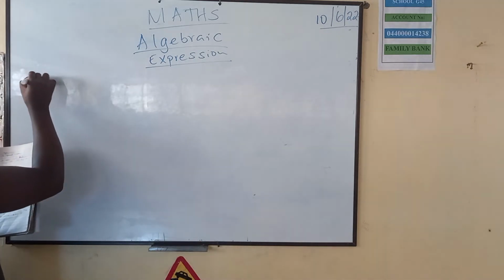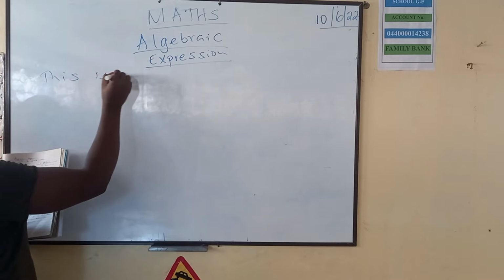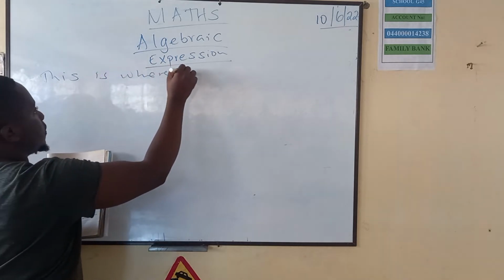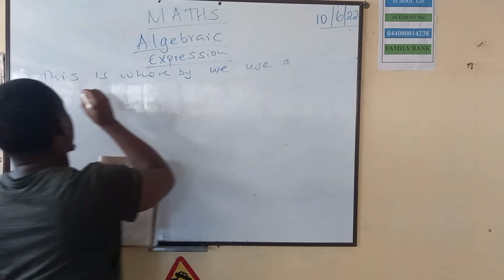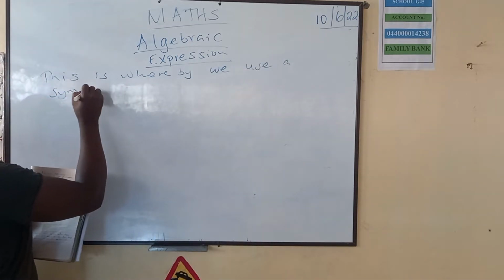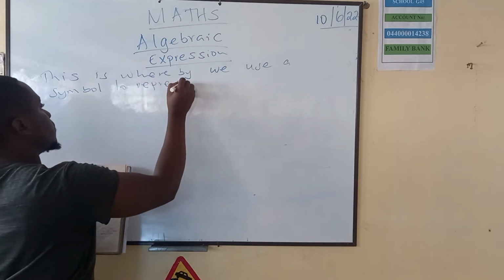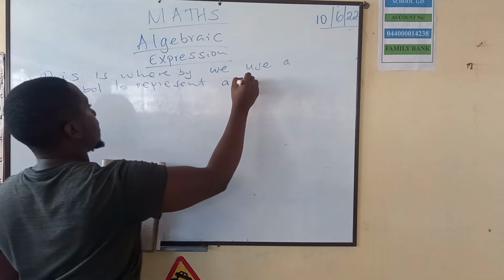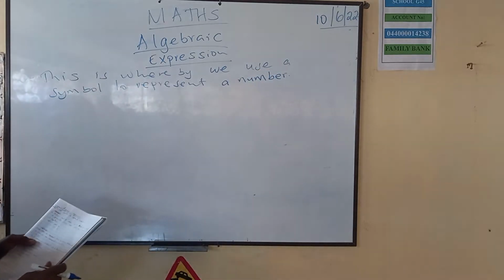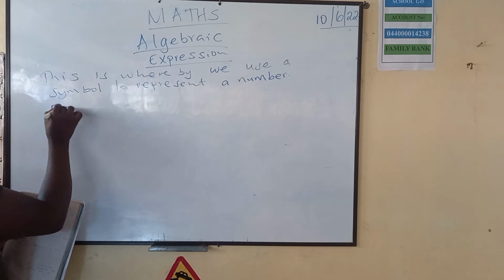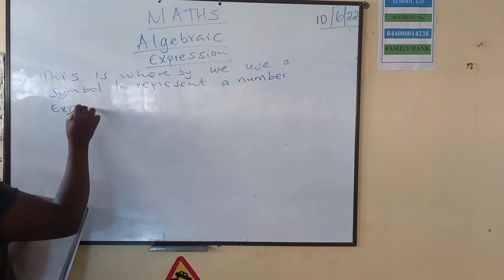This is whereby we use a symbol to represent a number. Now we can do an example to explain that. Let's say two to three examples.